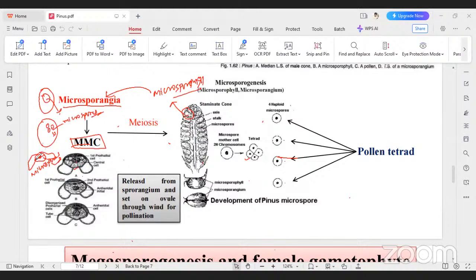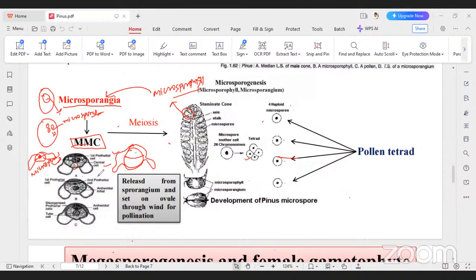This nucleus divides mitotically and forms a prothalial cell and a central cell. A two-celled structure like this, with the wings as common. Again it divides.